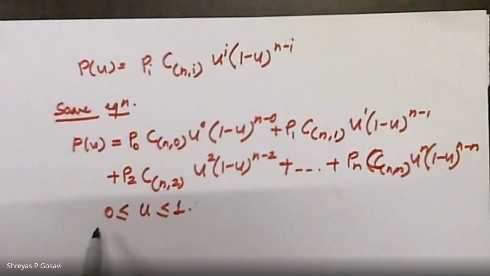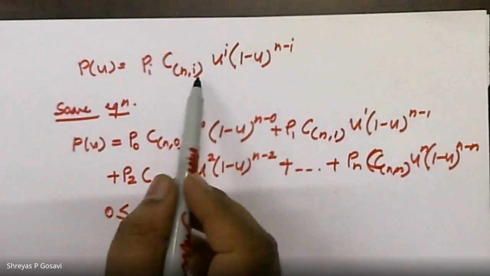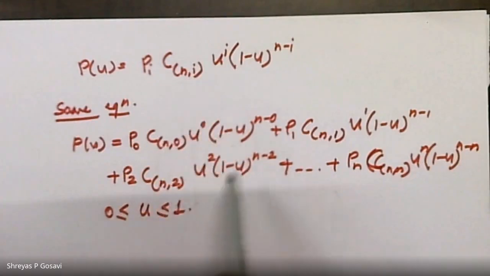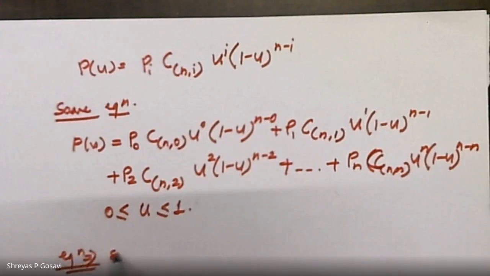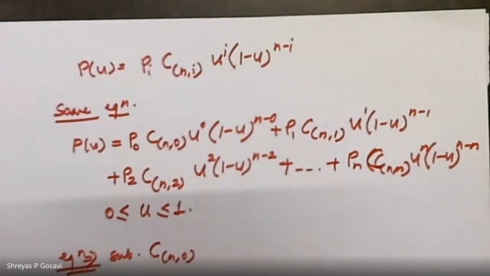So substituting the values of c of n0 and c of n, n in this polynomial equation, this equation will be as follows.